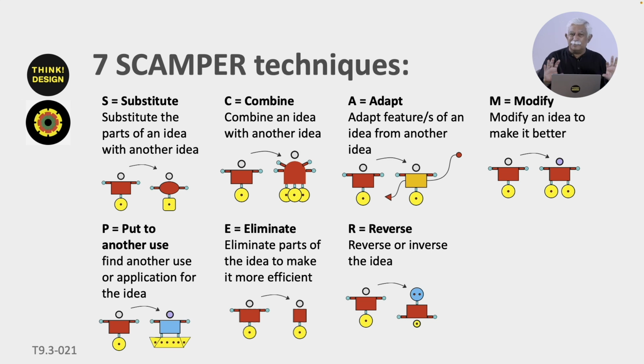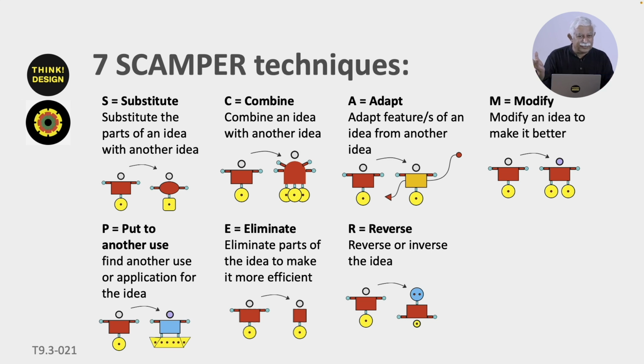Okay, very simple. If you look at it, the first was substitution. The second was combining with another idea. Third was adopting features from another one into it. M is modify. You modify it to make it better. Then you looked at putting it to another use. So instead of ground, you thought of water here.